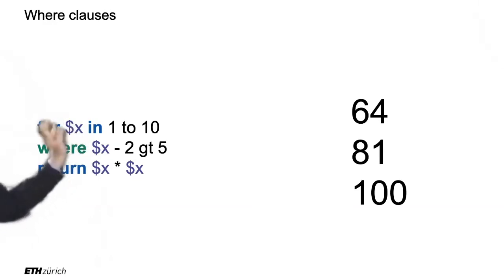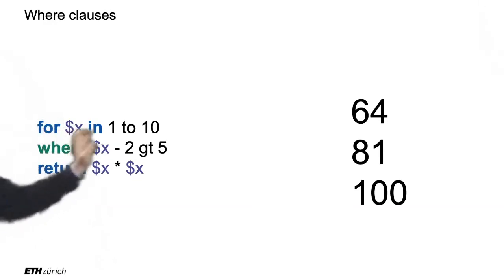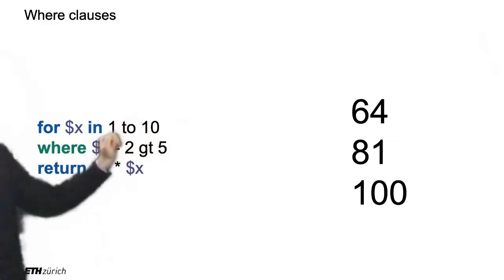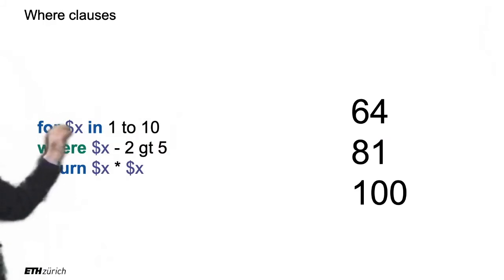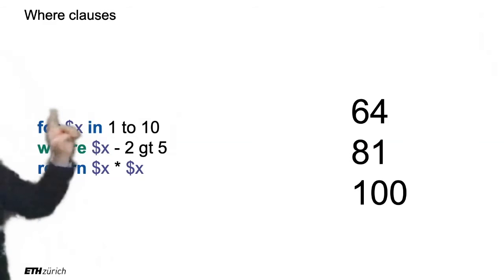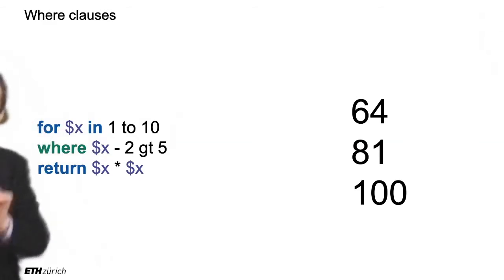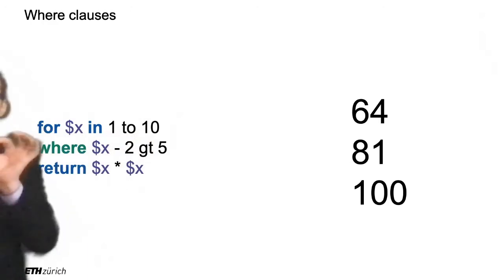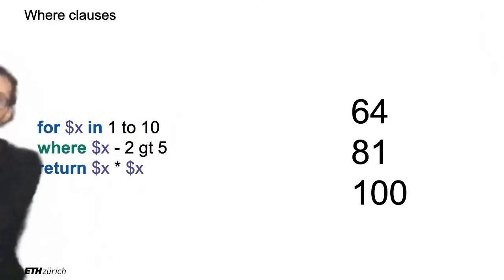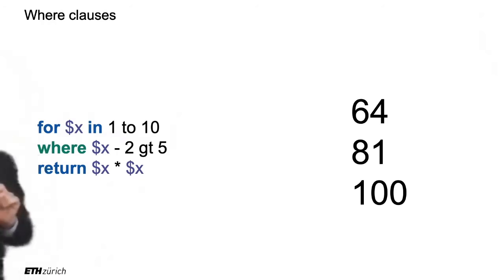But since there is the for clause, what the for clause is doing is that it's taking what was a sequence, and you're now having one item at a time with the variable. Let would be different. If you had let $x equals 1 to 10, then $x is the sequence 1, 2, 3, 4, 5, all the way to 10, right? It's a very big difference between for and let. Does it help?